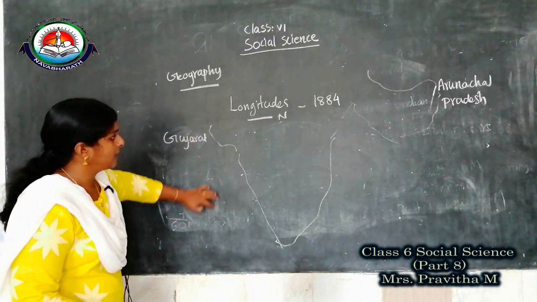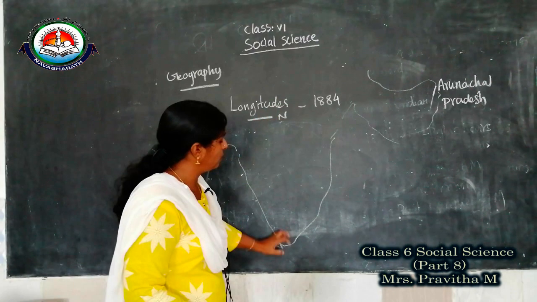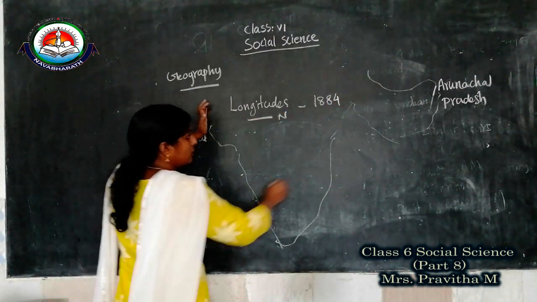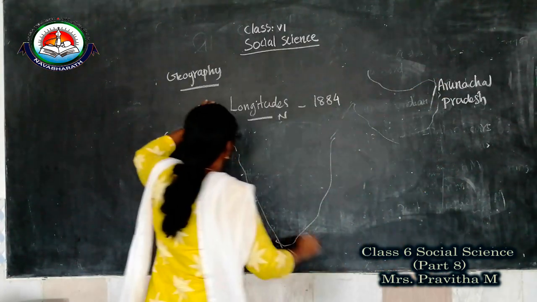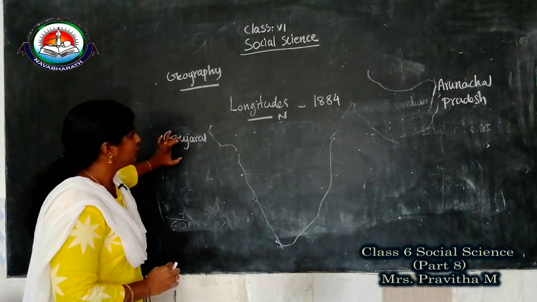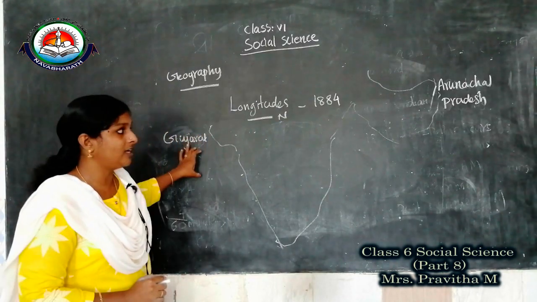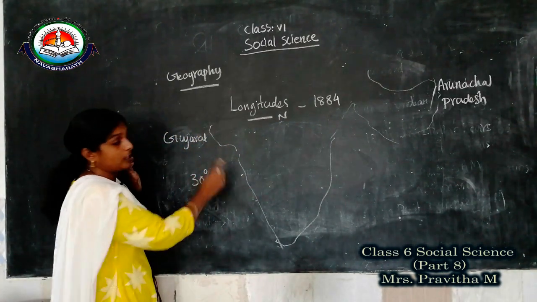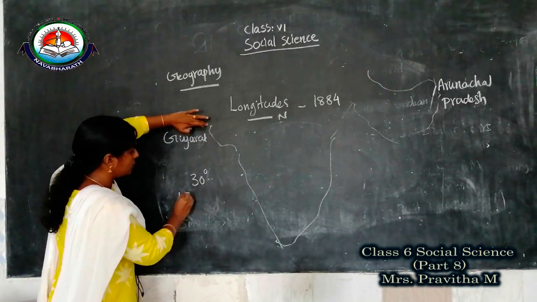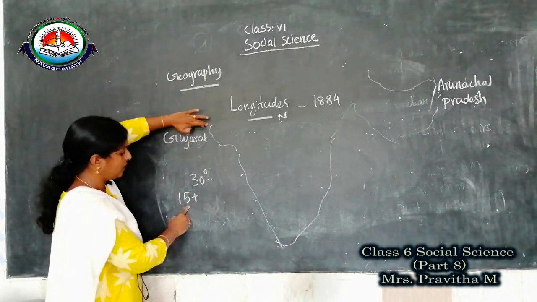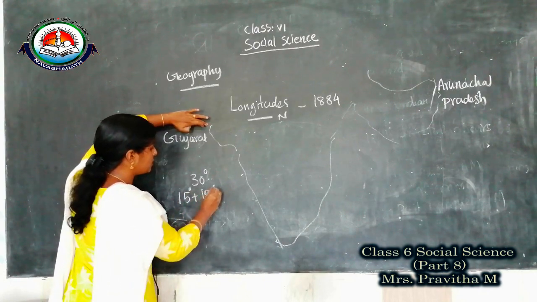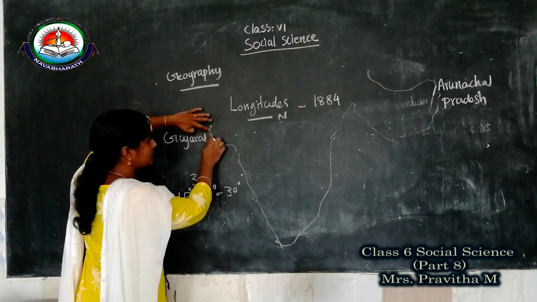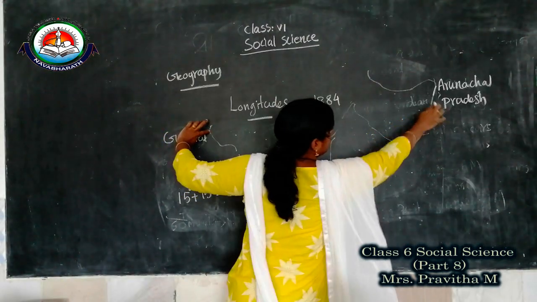Here one longitude is there, and here one longitude is there. The difference between Gujarat and Arunachal Pradesh, calculated in degrees, will be 30 degrees. Two longitudes are there: one longitude is 15 degrees, another is 15 degrees. So the longitudinal distance from here to here will be 30 degrees.